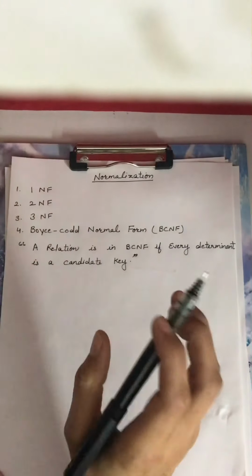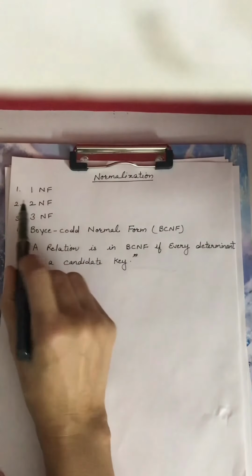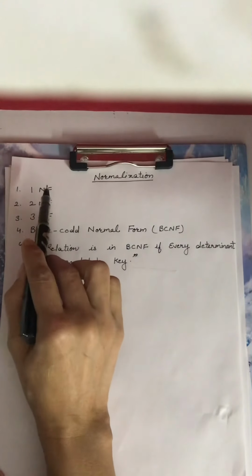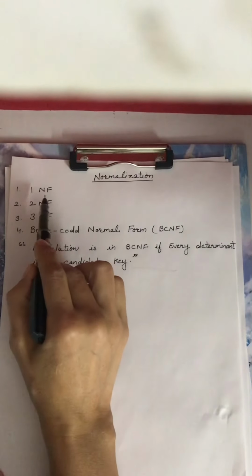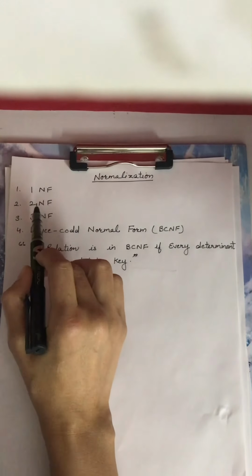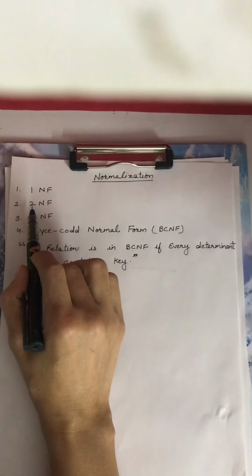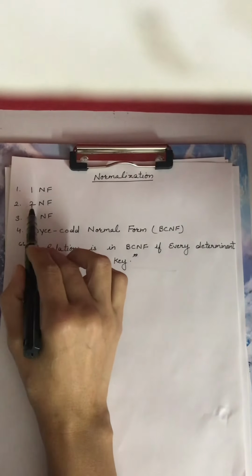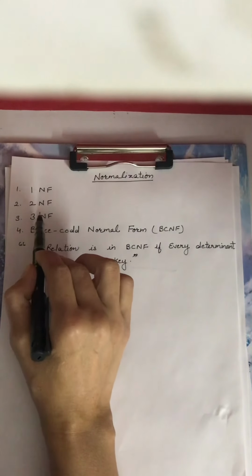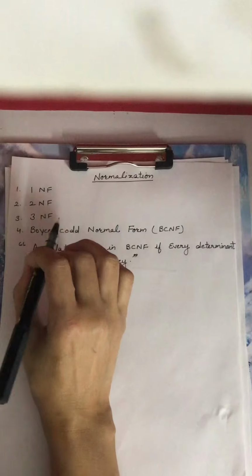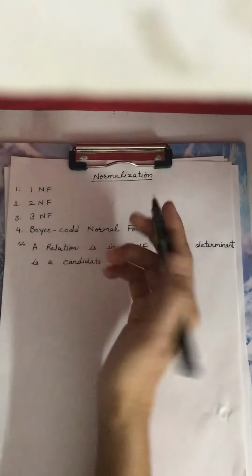If a relation is in first normal form, it can have anomalies. So we divide that relation and we break it in such a way that it becomes second normal form. After that we can break the relation into third normal form so that anomalies can be removed.